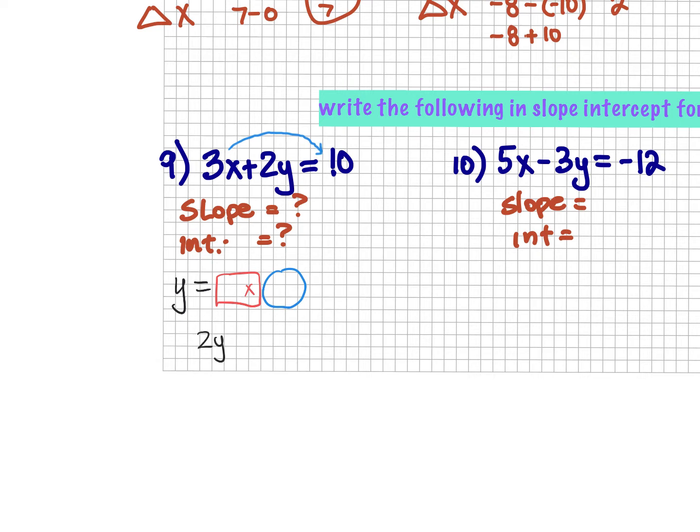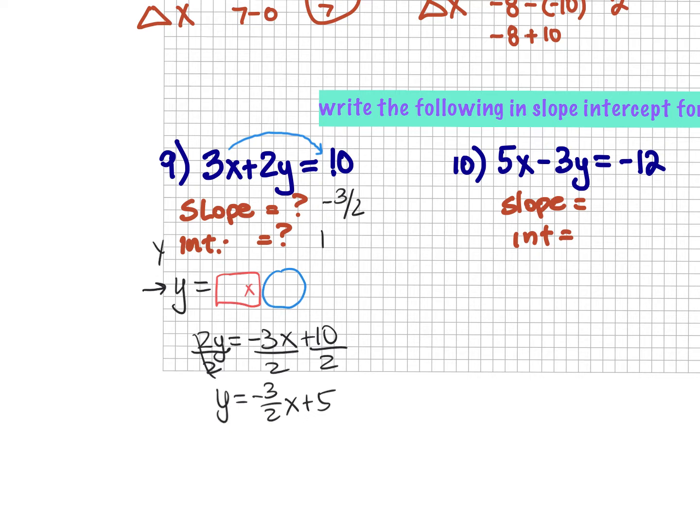So we have 2y equals -3x plus 10. But we can't have any number in front of the y, so we have to divide everything by 2. And we have y equals -3 halves x plus 5. And what's the slope? The slope is -3 halves. And the y-intercept is +5.